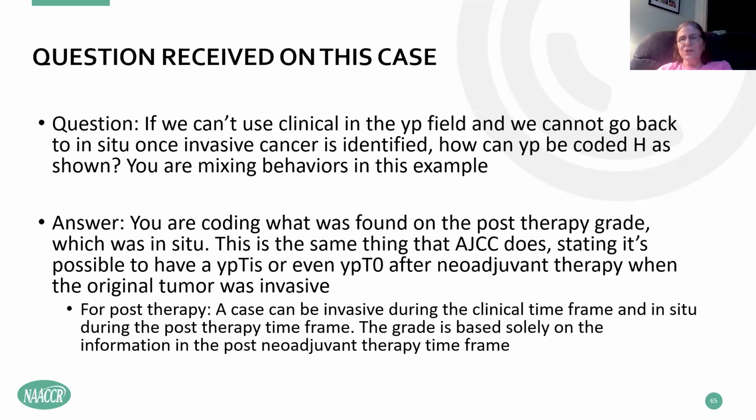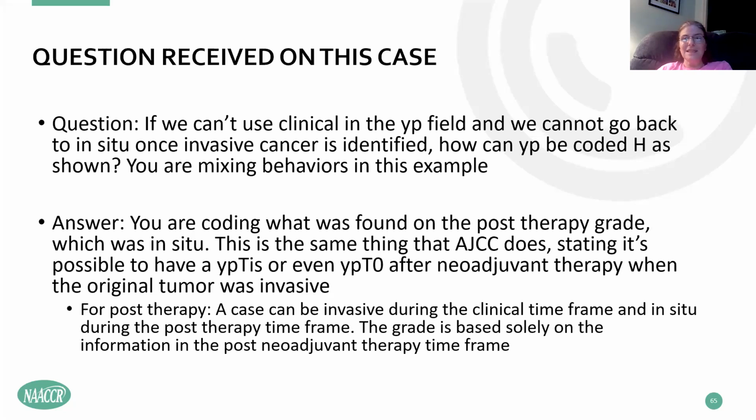So remember, you're coding what is known at the time of what qualifies for whatever time frame you're looking at. So we are coding what was found on the post-therapy grade, which was in situ, high-grade papillary carcinoma in situ.